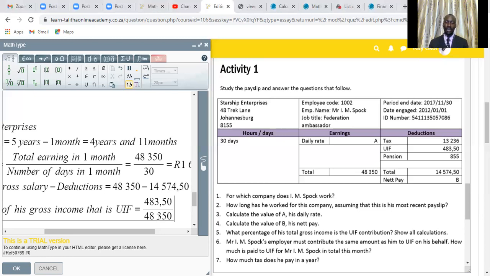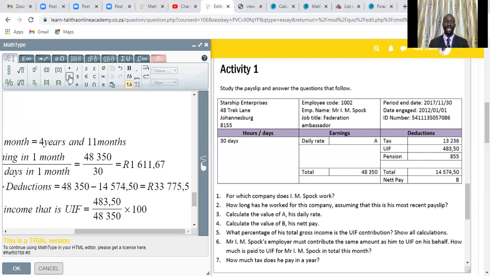Now, notice that this is supposed to be expressed as a percentage. What this then means is that we have to multiply this quantity by 100. This way, we will have expressed everything as a percentage. And so, what will this give us?